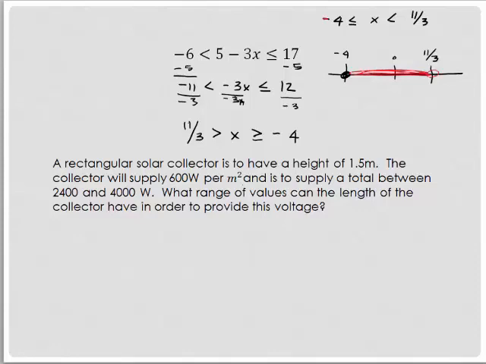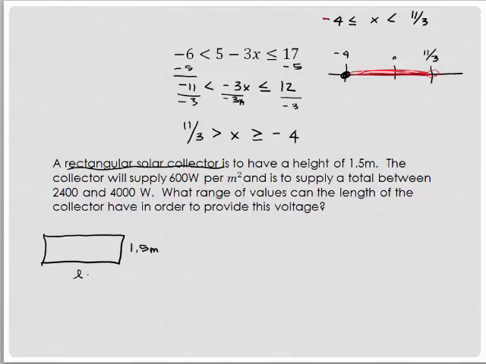Okay, what do we have here? A word problem. A rectangular solar collector. All right, we can draw that. Oh boy. And it's L length, and it's 1.5 meters high.